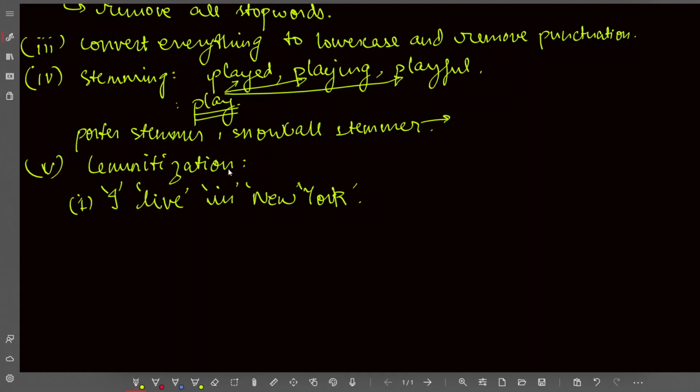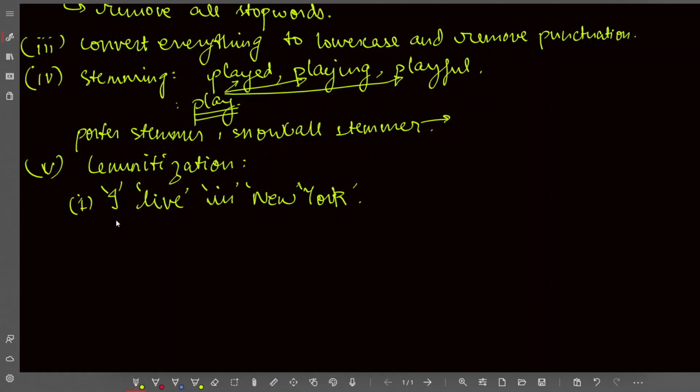So that's what lemmatization does. Whenever you have words like New York, if you try to tokenize the sentence, it would give two different words. So you use lemmatization. Lemmatization ensures that New York would be counted as one word and not two words.